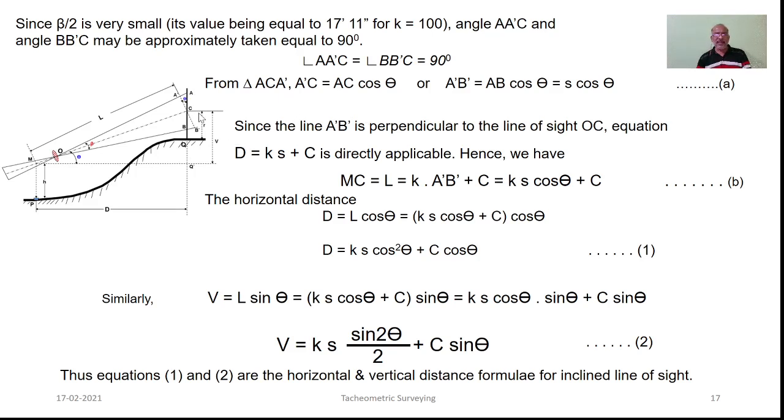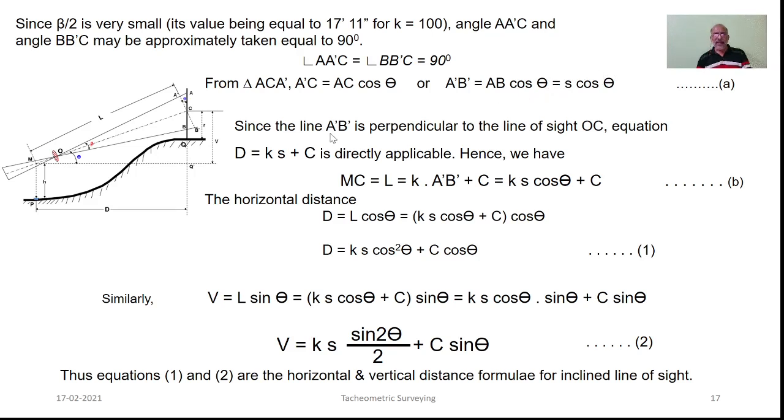As such, from triangle ACA dash, this A dash C can be expressed as AC cos of theta. Similarly, here this A dash B dash can be expressed as S cos of theta.